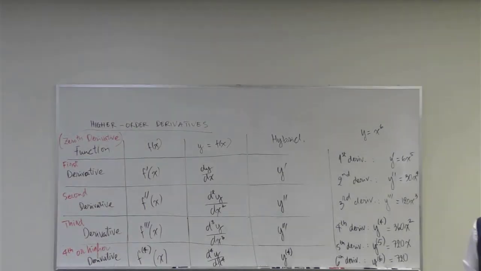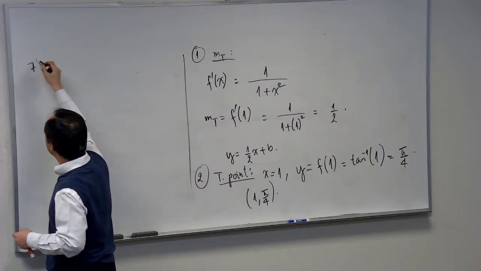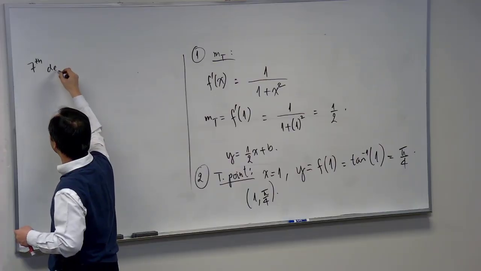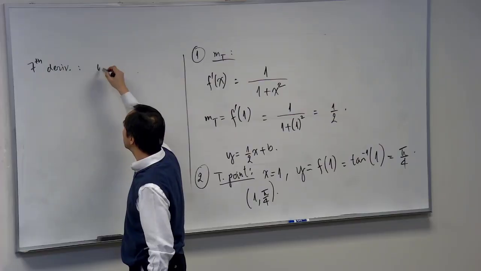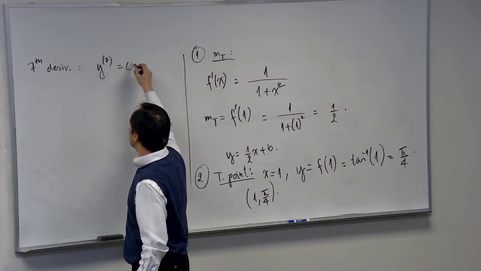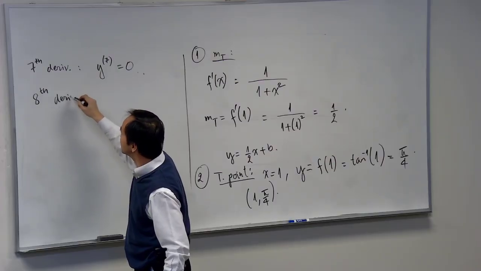I hate cutting my boards short, but I have to. Now we're moving into the seventh derivative right here. What do you say that derivative is? Zero. And what would the eighth derivative be? It's all zero.